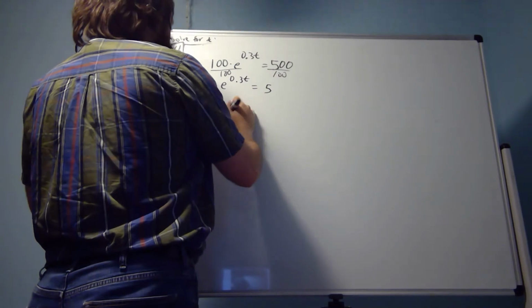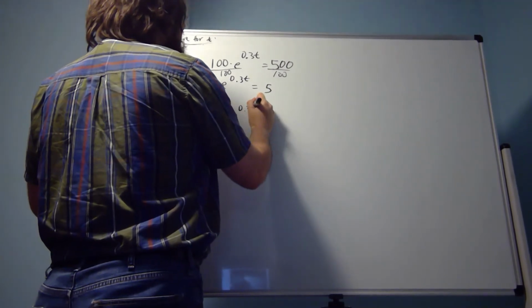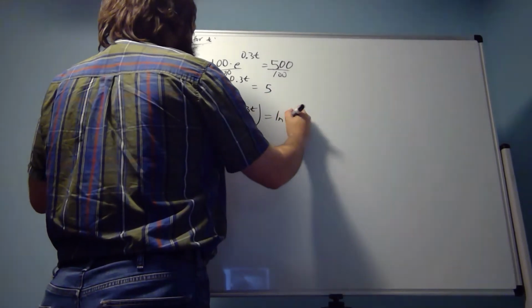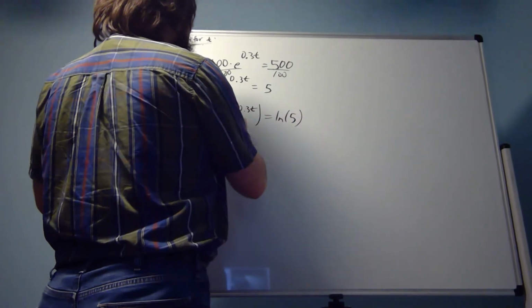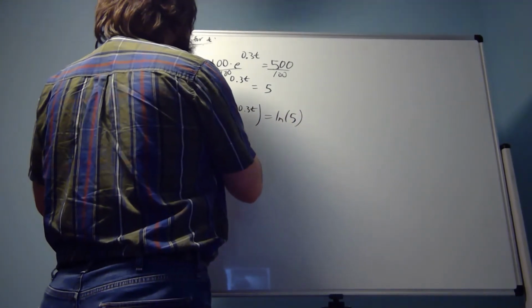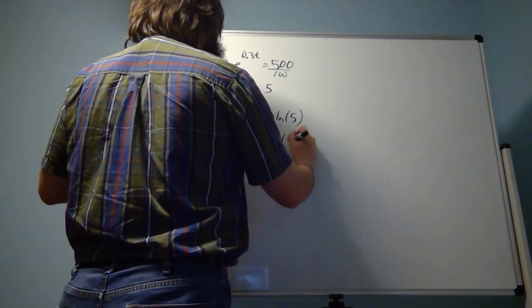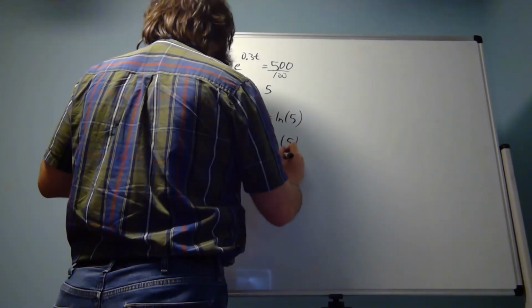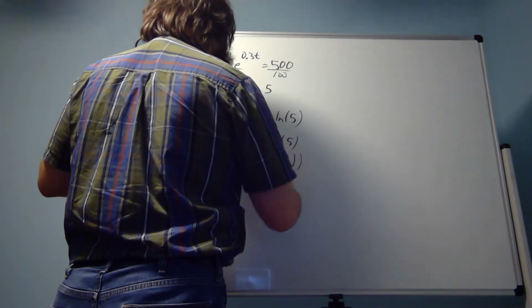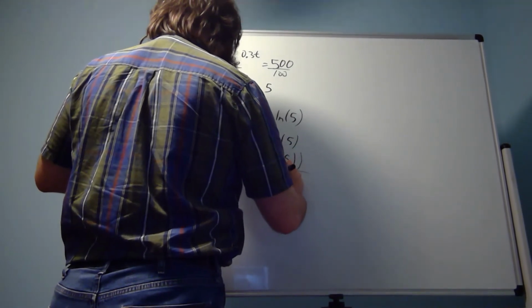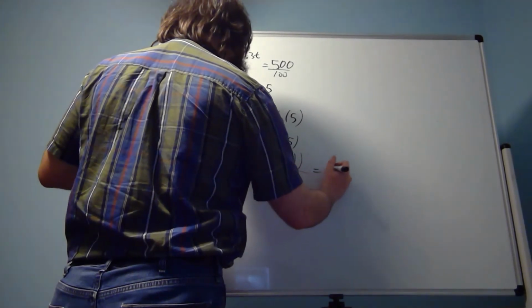And now you can take ln of both sides, because that's the whole point of natural log, I guess. So big parentheses like that, and then that divided by 0.3.